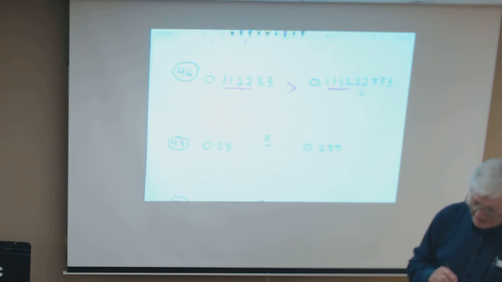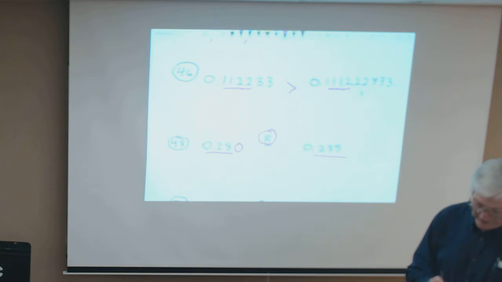Number 48. What are we doing here? Find a rational number between 0.28 and 0.285. Now watch what I'm going to do to find this rational number. I'm going to add a 0 here to make them the same length.